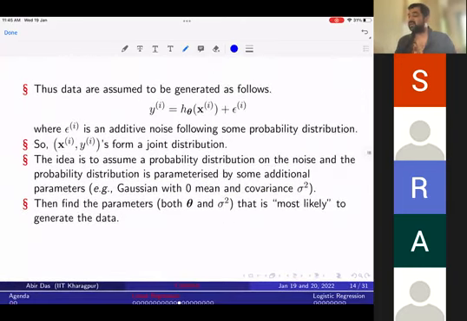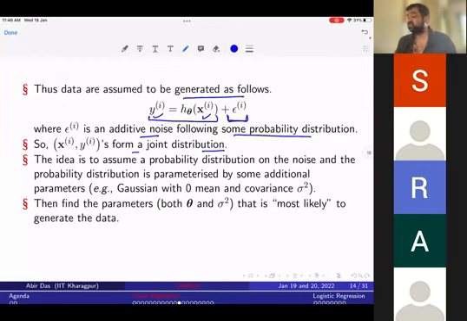So thus the data are assumed to be generated as follows. Previously what we were thinking is yi is h theta of xi. Now we have this noise part, right? Epsilon i is the noise corresponding to the ith data, where epsilon i is an additive noise following some probability distribution. So xi, yi form a joint distribution. Since epsilon i is noise, even if x is deterministic, yi is basically probabilistic.